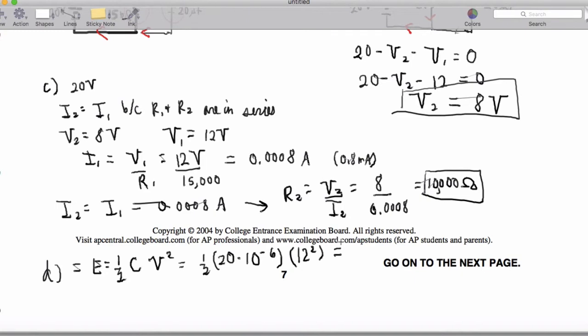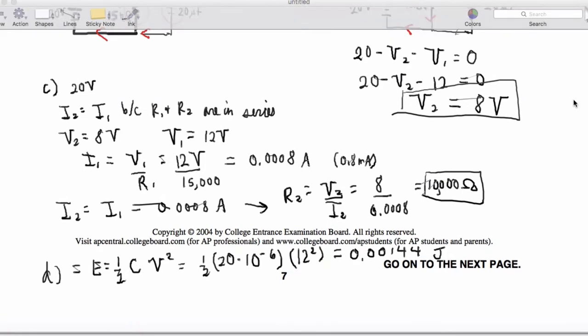So that's 20 times 10 to the negative 6th times 1/2 times 12 squared. I'm getting 0.00144 joules worth of energy.